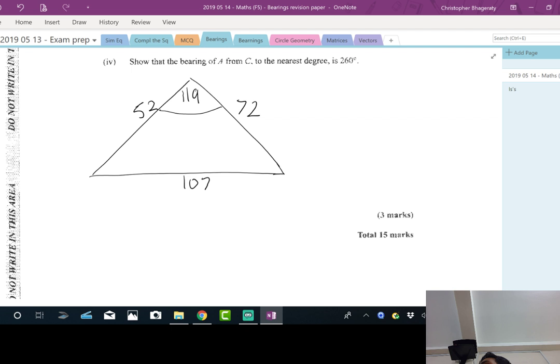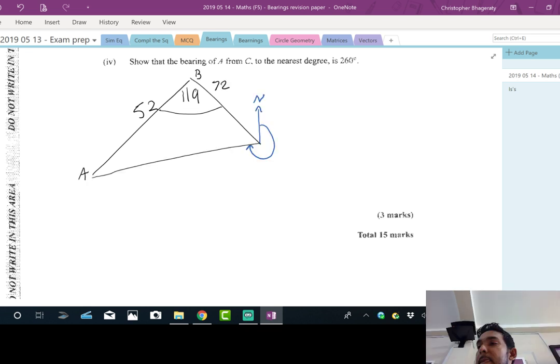Now, do we have any other angles in that triangle? Well, what apart from the 119? For this angle, can we just do 180 minus 119 and divide it by 2? 180 divided by 2, that's if it was an isosceles. Is it an isosceles? No. Can't you just do 90 minus 44?